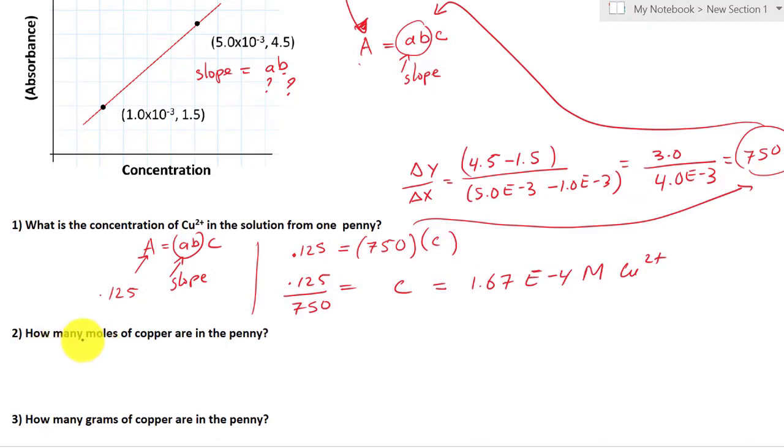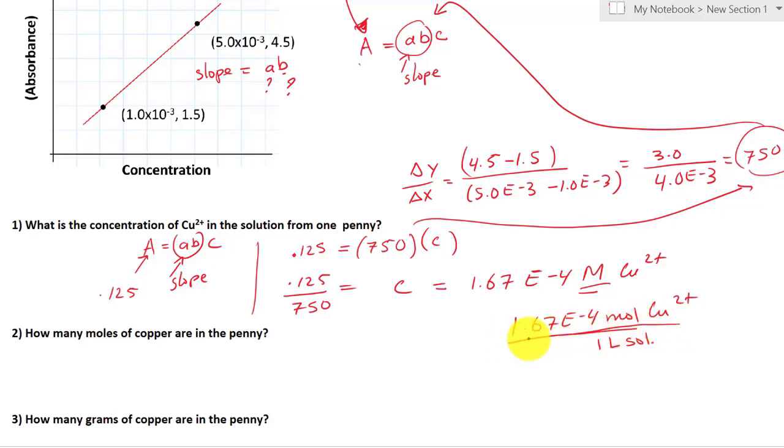Now in this case, part 2, how many moles of copper are in the penny? Well, remember this right here? This is actually your number of moles over 1 liter of solution. And if we rewrite this, this is actually equal to 1.67 e to the negative 4 mole of copper 2+ over 1 liter of solution.